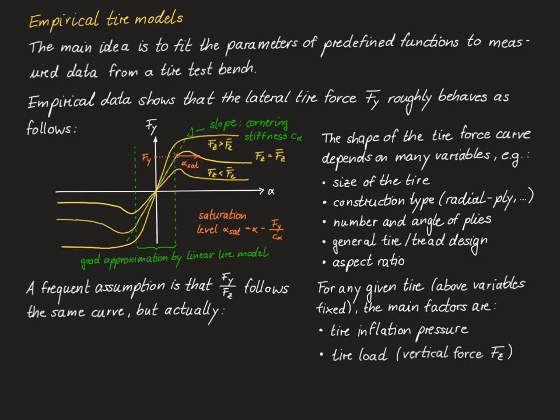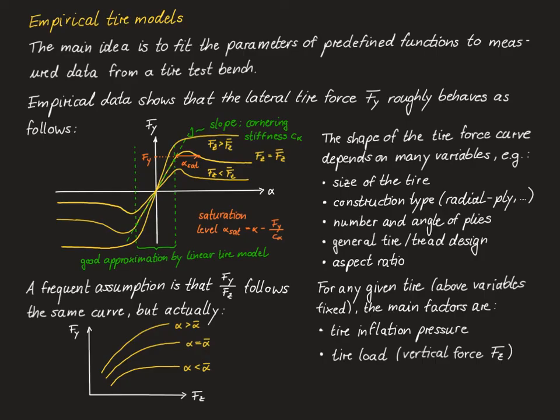It is a popular assumption that this curve scales proportionally with the vertical load Fz. So in other words, for the quotient of Fy and Fz, we can just use the same curve. Often, this is actually not a bad assumption. However, in reality, it's not entirely true.